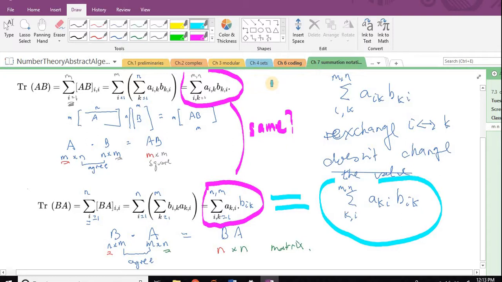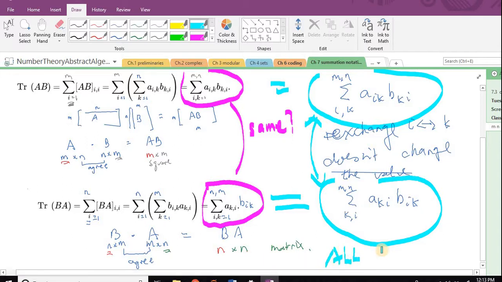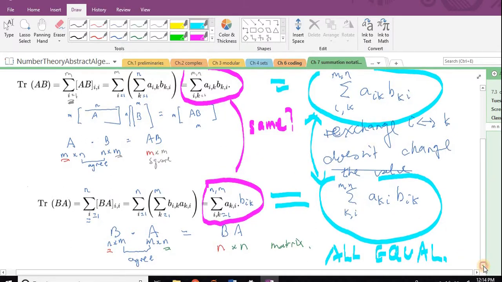So this one is equal to this, and this one is equal to this. So they are all equal. So everybody's happy. And notice that here I did not assume that A and B are square. There's no assumption that A and B are square. So this proof works even if A and B are not square.